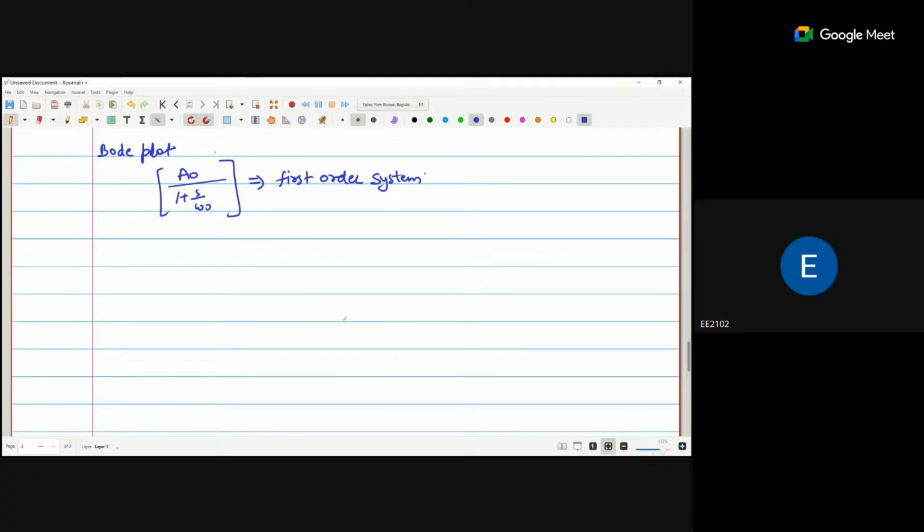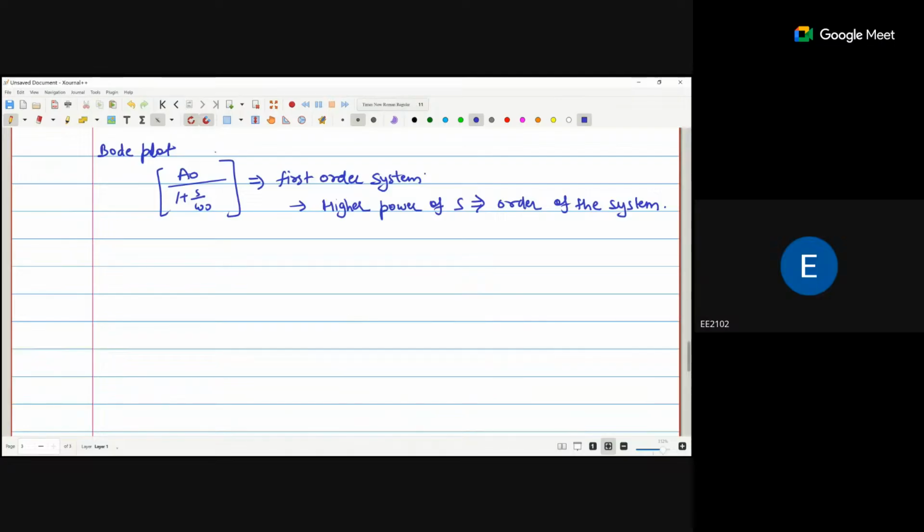Because if you see, only one pole is available, or we can say the highest power of S basically represents the order of the system.